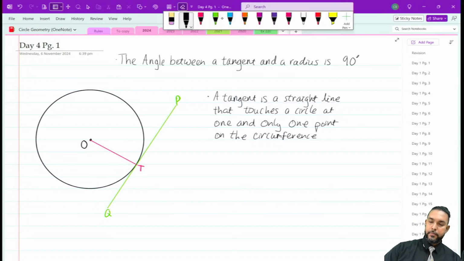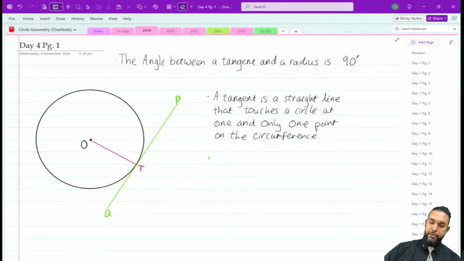So the green line PQ is a tangent to the circle.